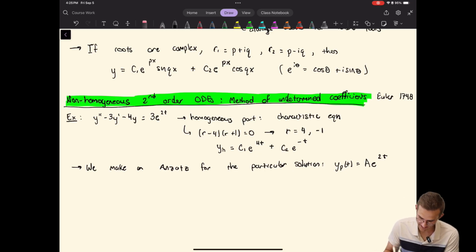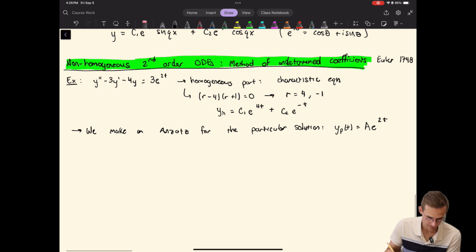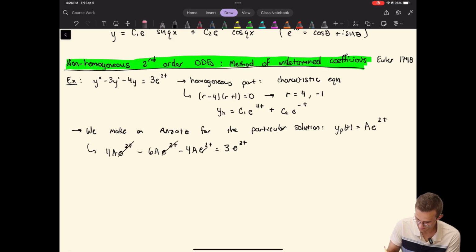And if we sub that into our differential equation, then we get 4a e to the 2t minus 6a e to the 2t minus 4a e to the 2t is equal to 3 e to the 2t. Okay, so all the exponential terms cancel, and we can see that a is going to end up being negative 1/2.